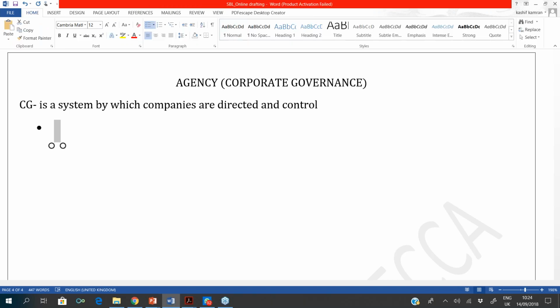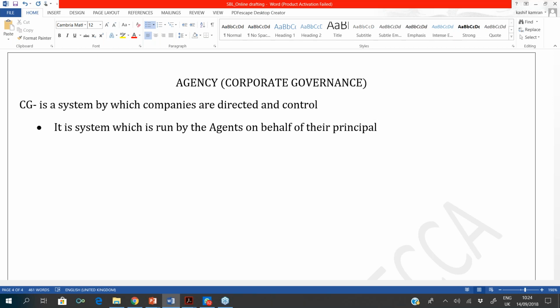And now I say it is a system which is run by the agents on behalf of their principal.